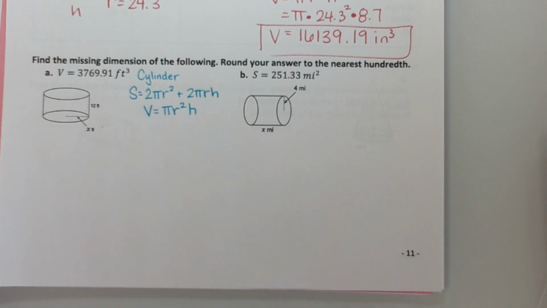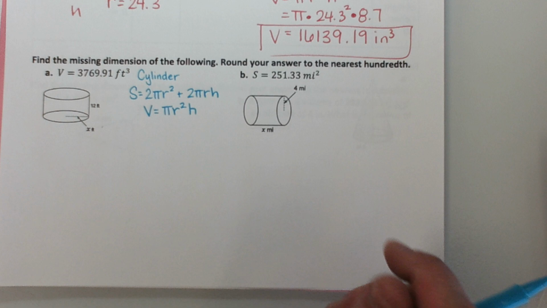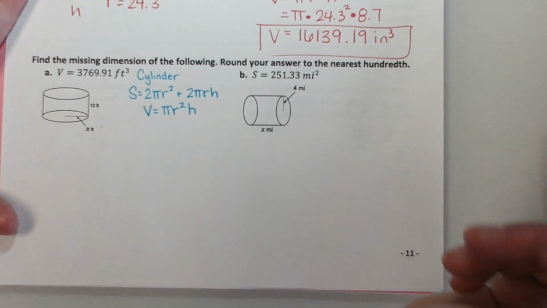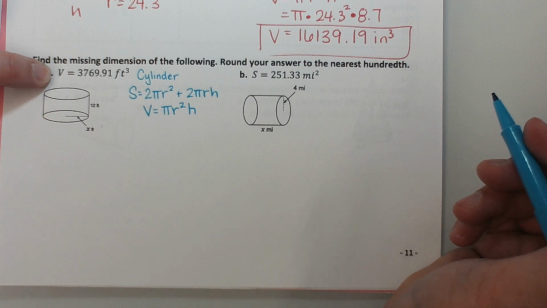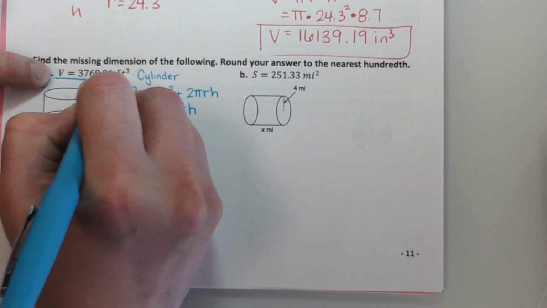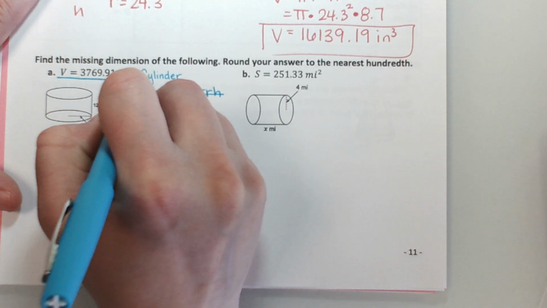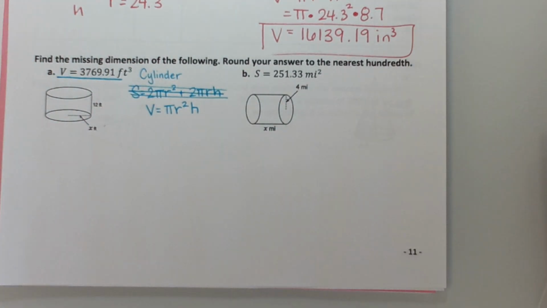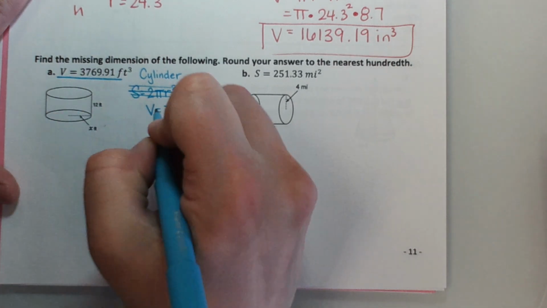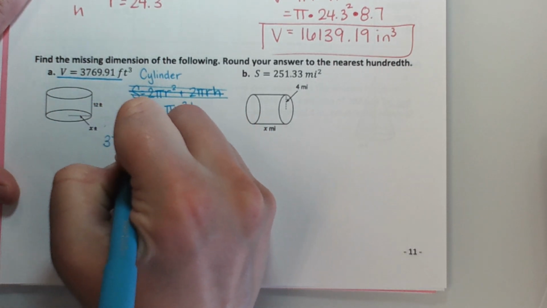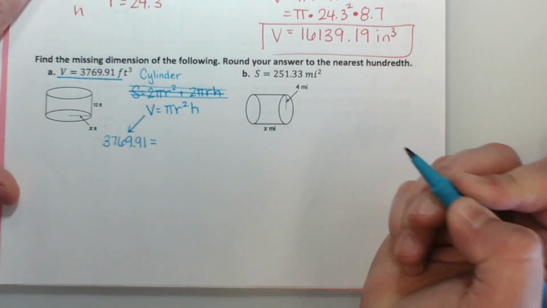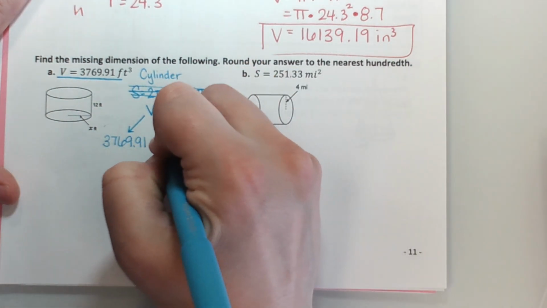So, Trey, which formula makes more sense to use this time? The bottom one. Because what I'm given is V, which means I'm not given enough information for that one. So, 3,769.91 equals pi is still pi.